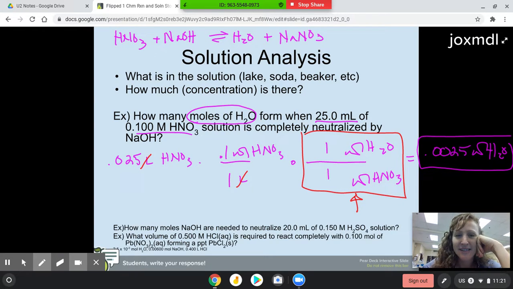But that's a lot of thinking ahead, and I can't process that much information in the middle of a problem. So I always switch into liters when I'm dealing with molarity. If you're not dealing with molarity, you don't necessarily have to convert.